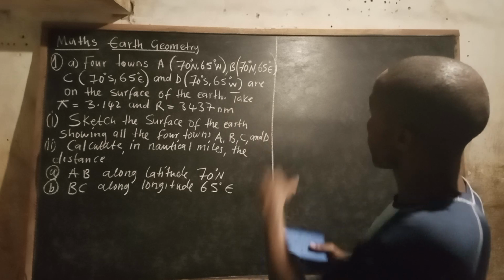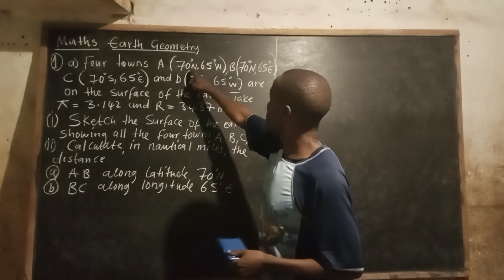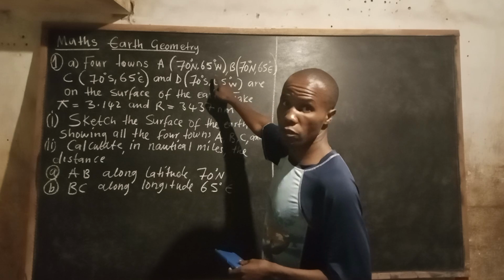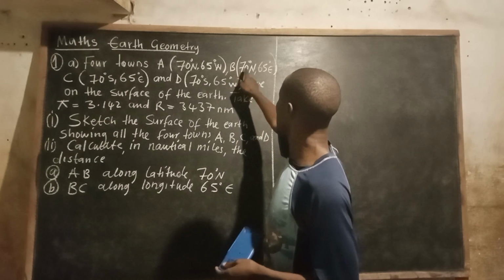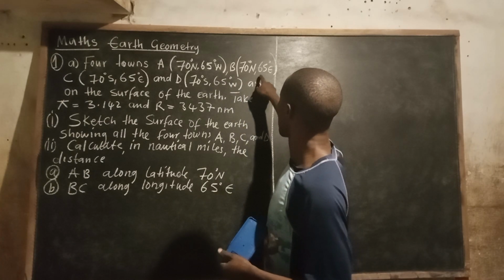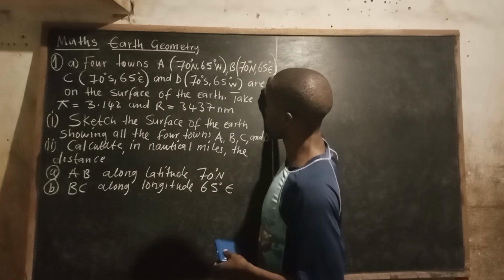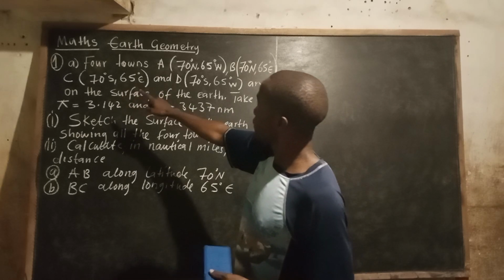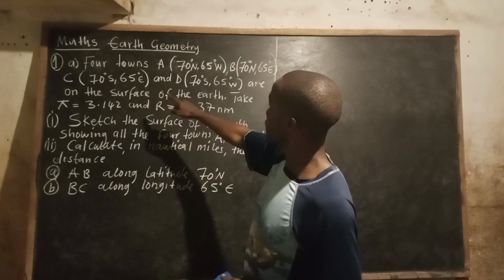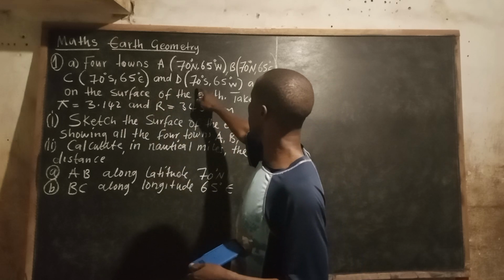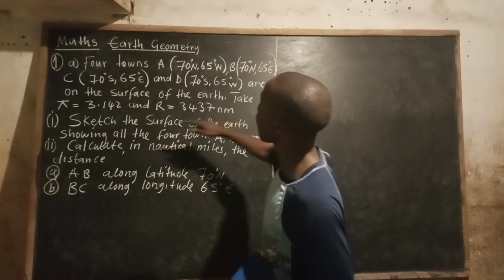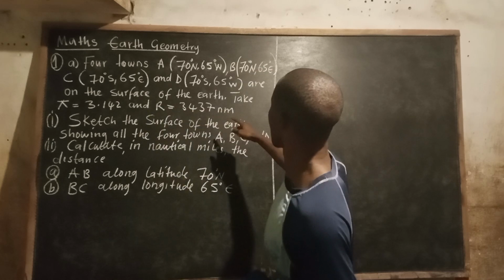Four towns: A (70° north, 65° west), B (70° north, 65° east), C (70° south, 65° east), and D (70° south, 65° west) are on the surface of the earth.